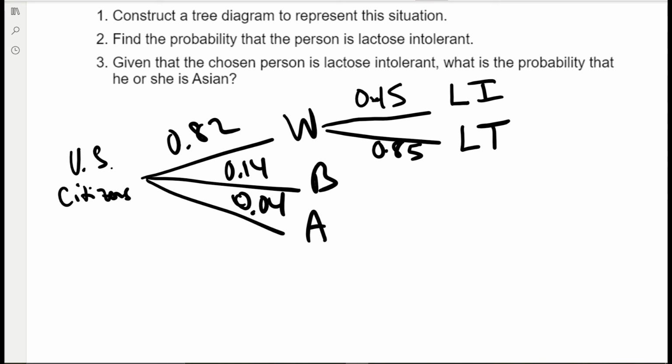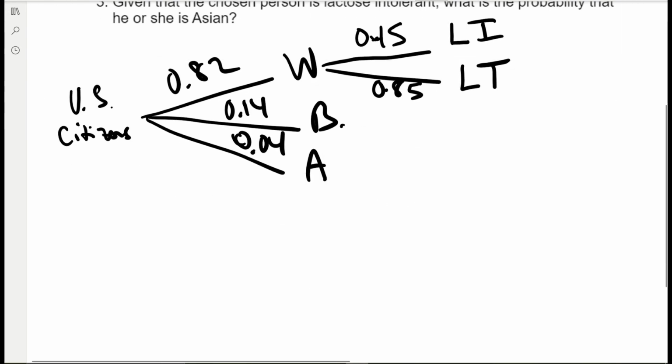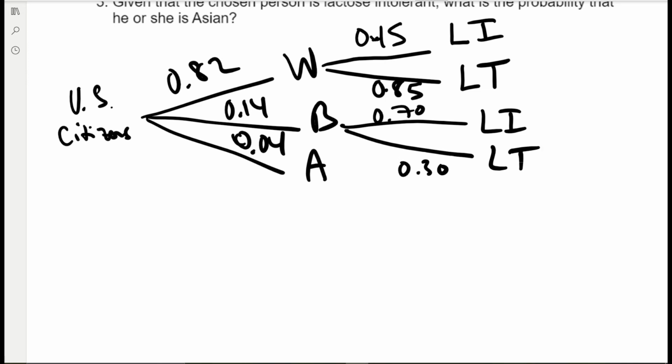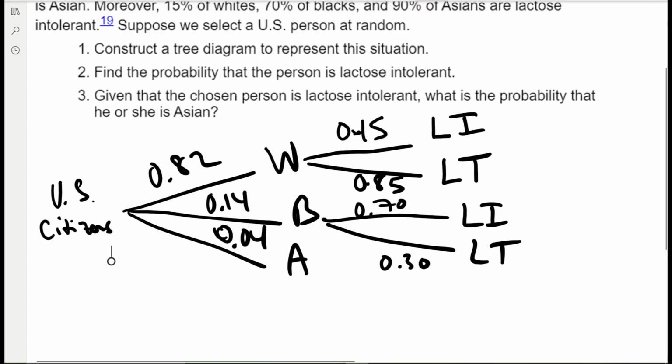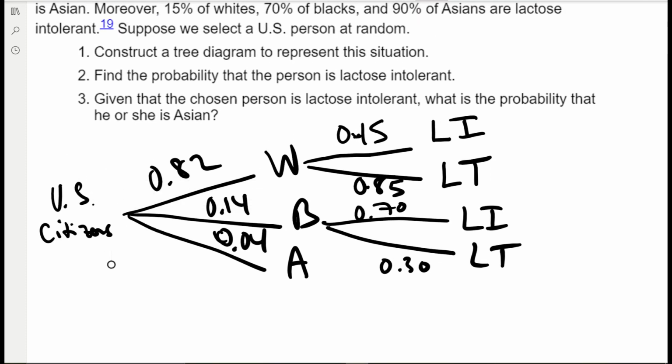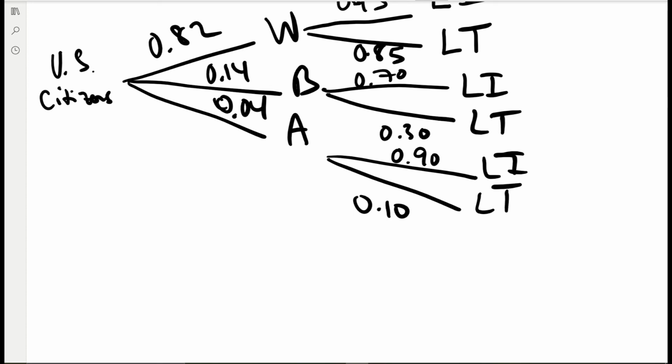For B, of the 14% of the population that's black, it says here 70% is lactose intolerant, which means that only 30% is lactose tolerant. And then finally, for the Asians, of the 4%, 90% are lactose intolerant, and only 10% are lactose tolerant.